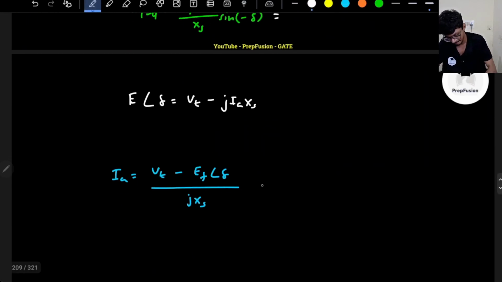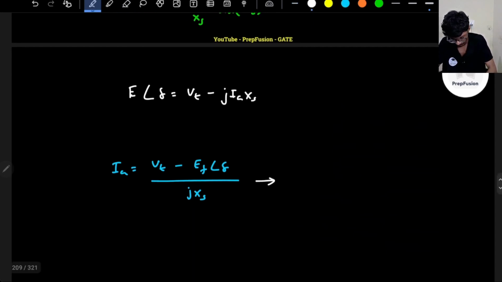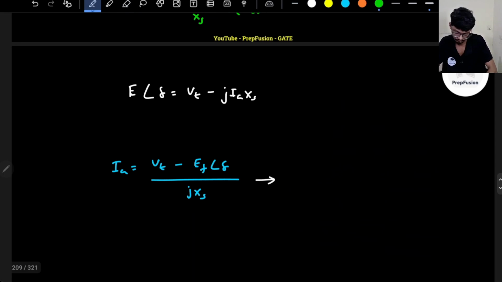So I can say that this EF will have two components. One component will be EF cos delta, the other component will be j EF sin delta, right?